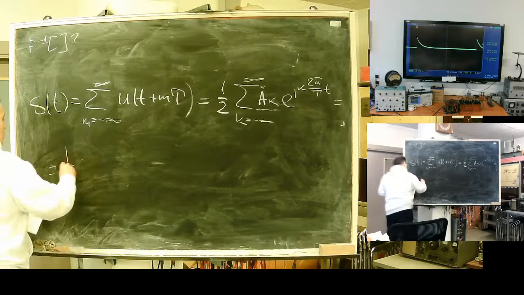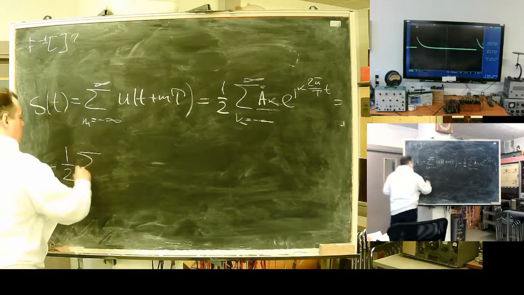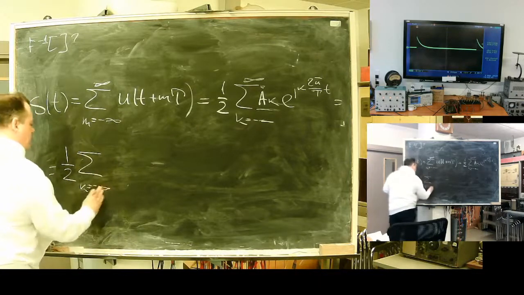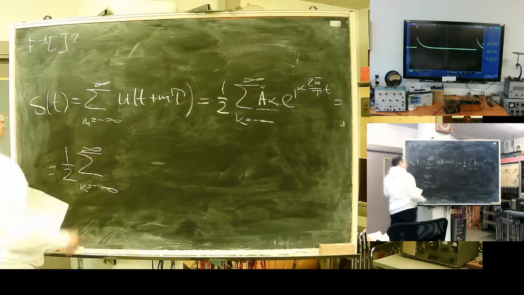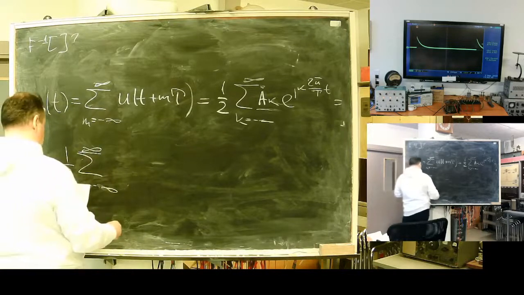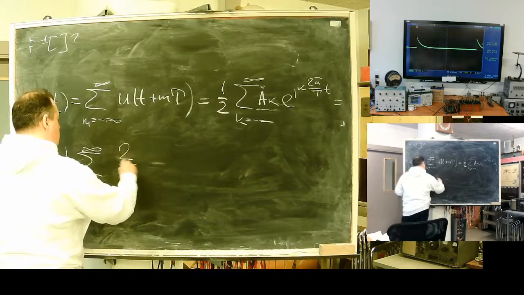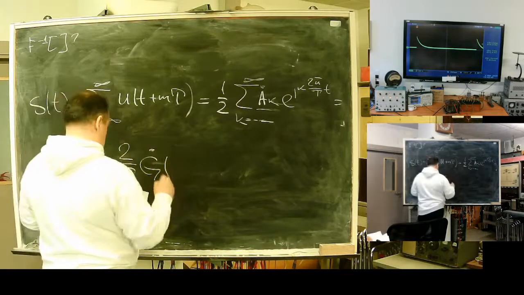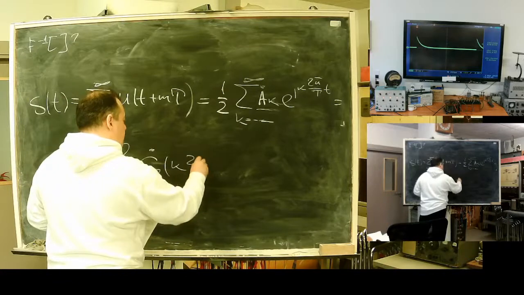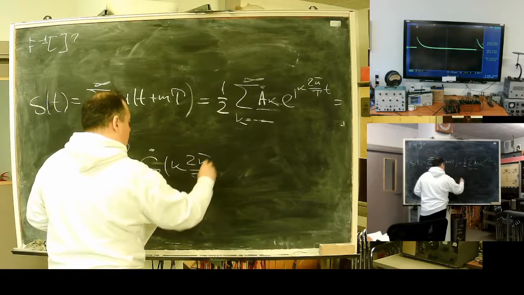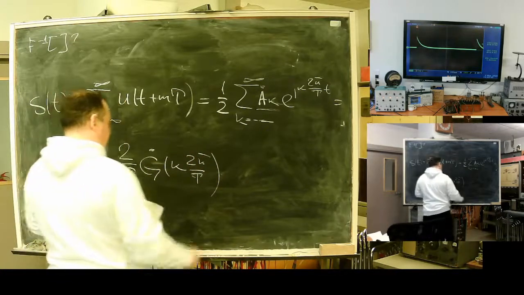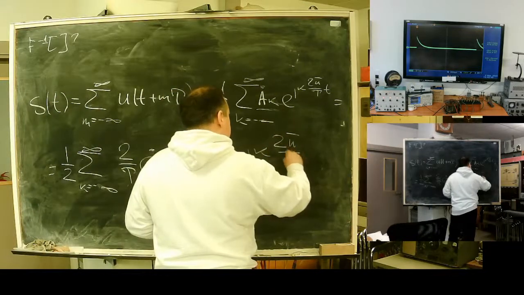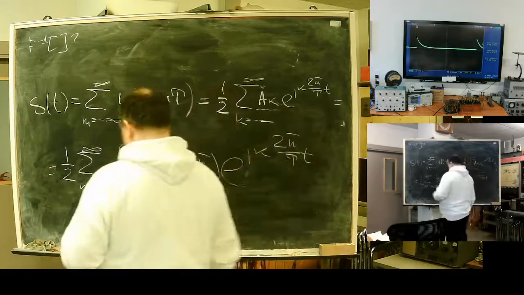So we will have 1/2 sum from minus infinity to infinity, 2 divided by time, spectral function values at a power of, here it is.